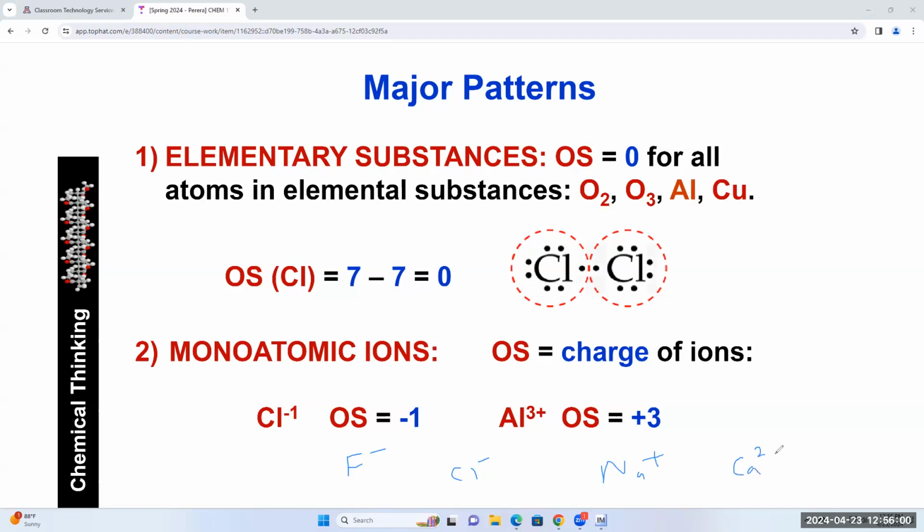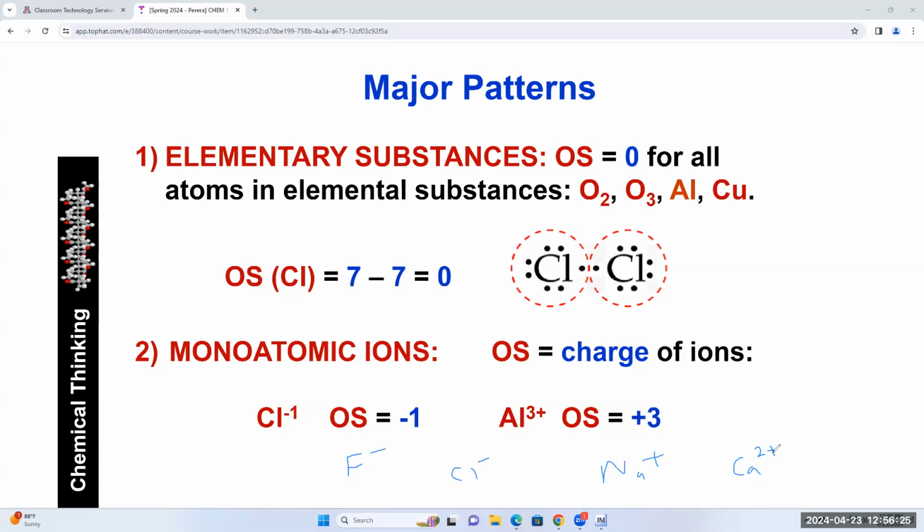If you have monoatomic ions like this, their oxidation state is their charge. For example, the oxidation state of fluoride, F minus, is -1. The oxidation state of calcium 2+ is +2, and so forth. Those are some observations. It's pretty intuitive as well. I just want to mention them.